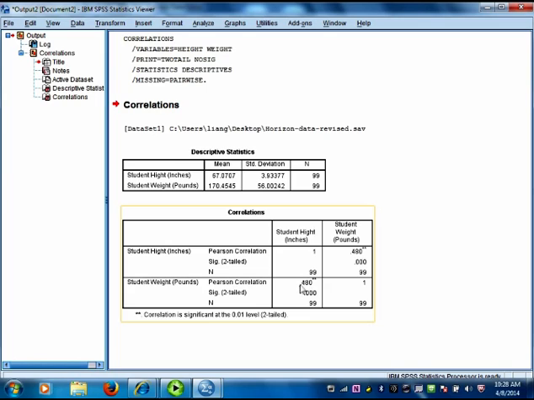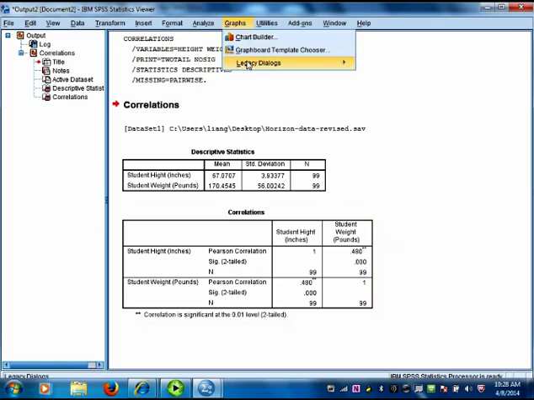This R square is called the coefficient of determination, which means the overlapping of weight and height, something they share in common, is 23%. Or in another word, 23% of how tall a person is can be explained by their weight. So that's called coefficient of determination.